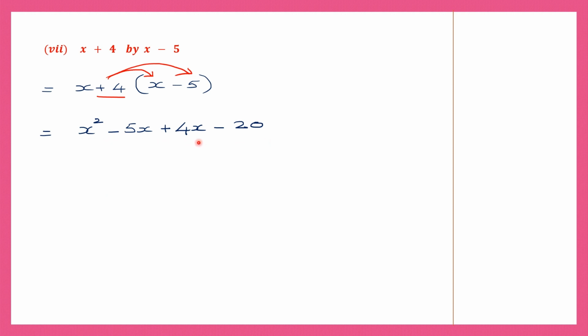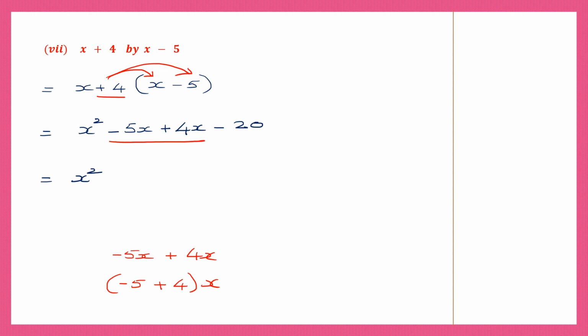Here we have like terms. These two are like terms, so we can add or subtract them. Okay, so let's do that. x square as it is. Now minus 5x plus 4x. Take only the numbers, in brackets, minus 5 plus 4.